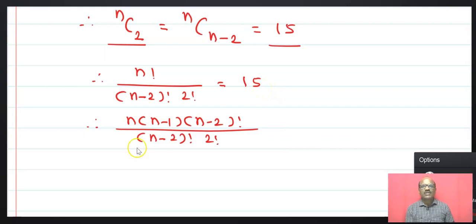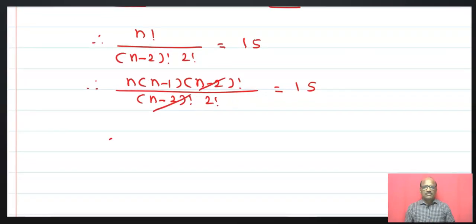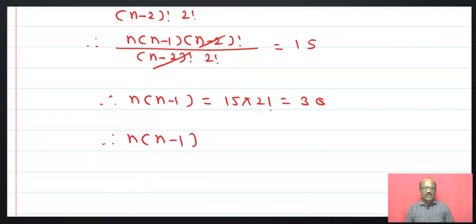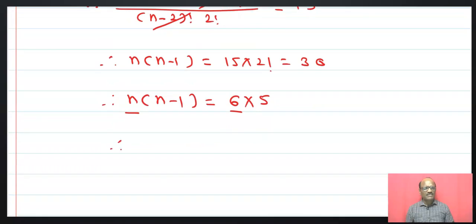And what will happen? n into (n minus 1) is equal to 30, that is 6 into 5. Then by comparing, you will get n is equal to 6.